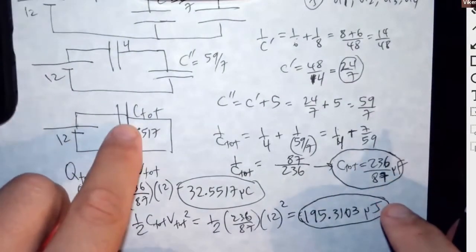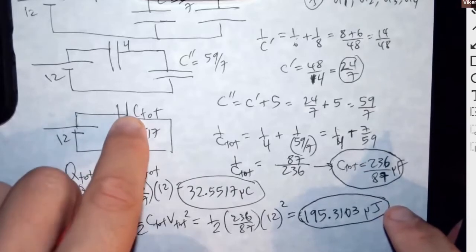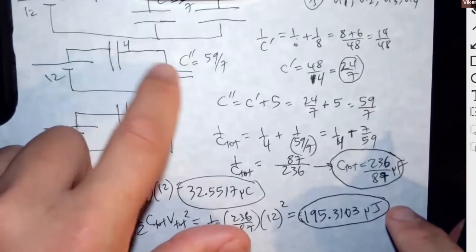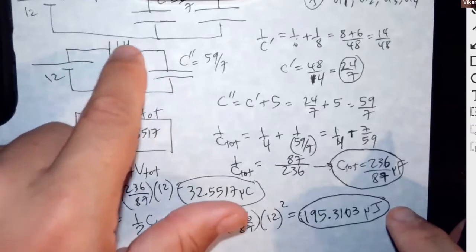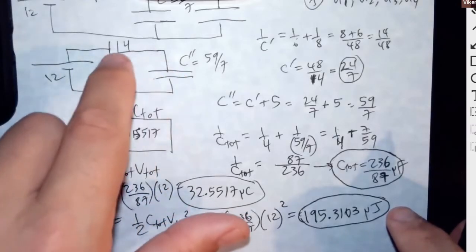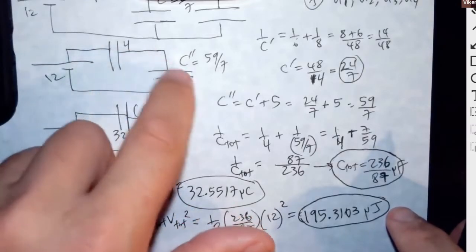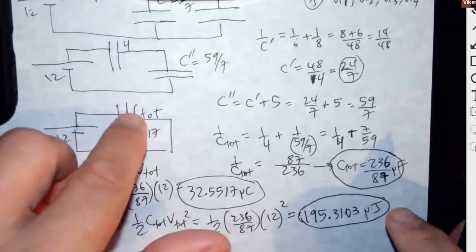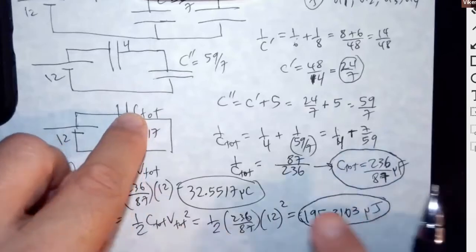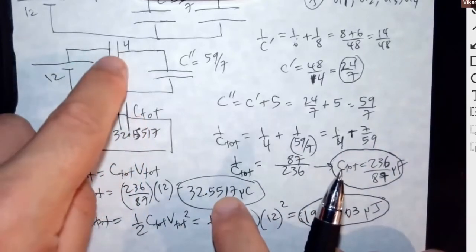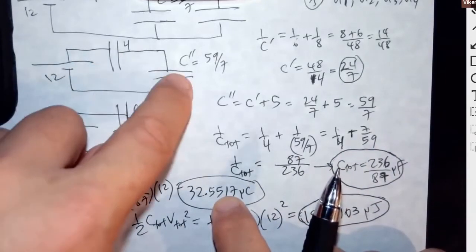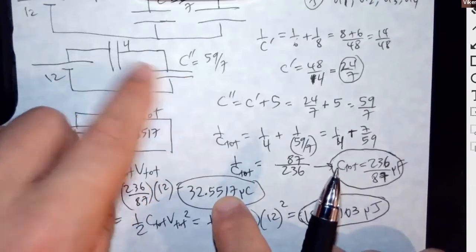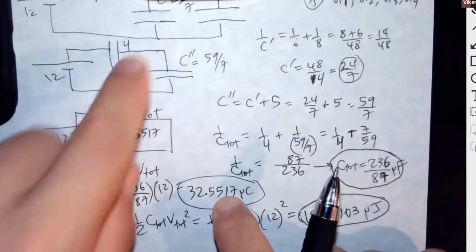So then we're going to argue that this capacitor is the net capacitance of these two in series. So they have the same charge as this one would. In other words, if the battery is going to supply this with that much charge, it would supply that with the same charge, and this would also have the same charge because the charges in series are the same.